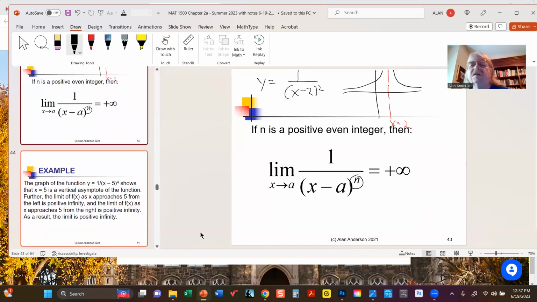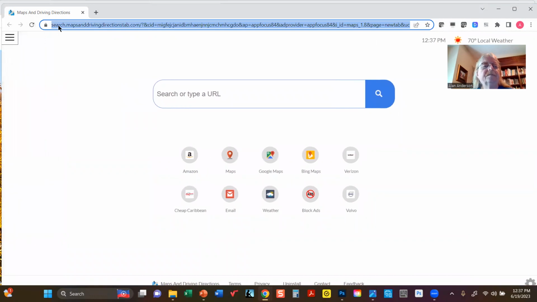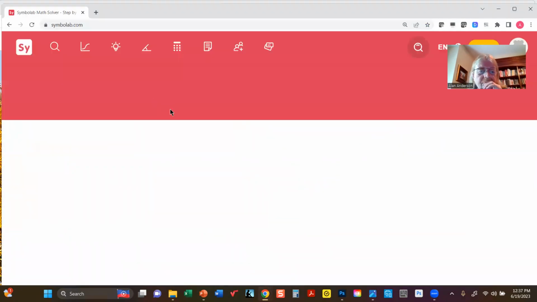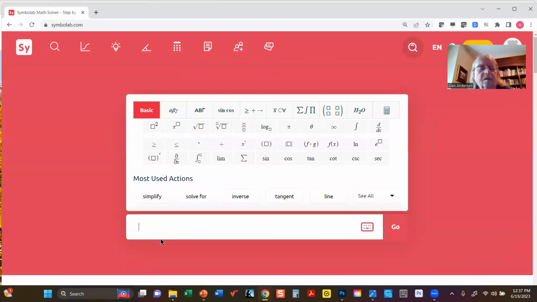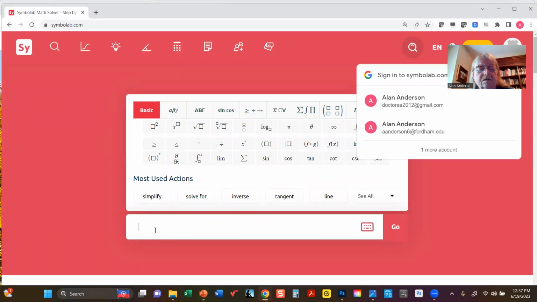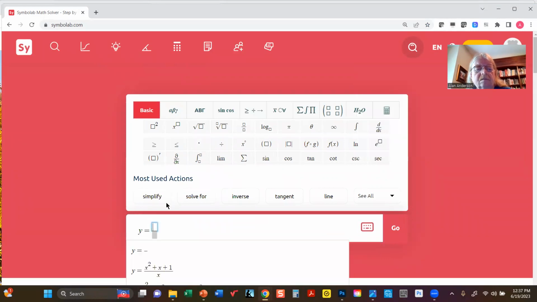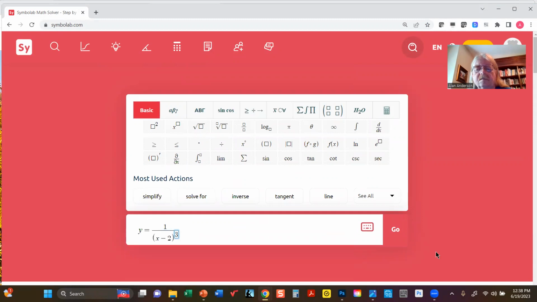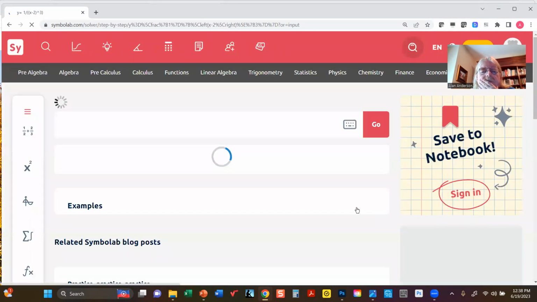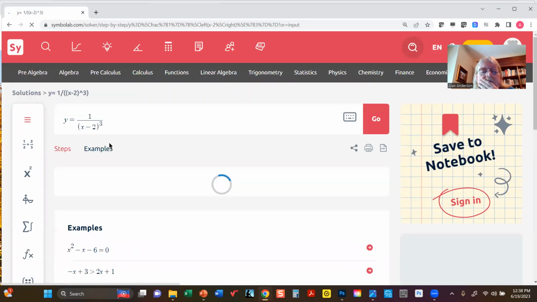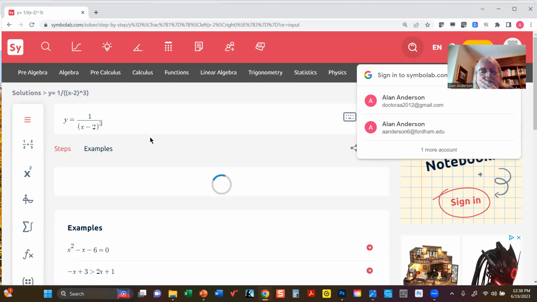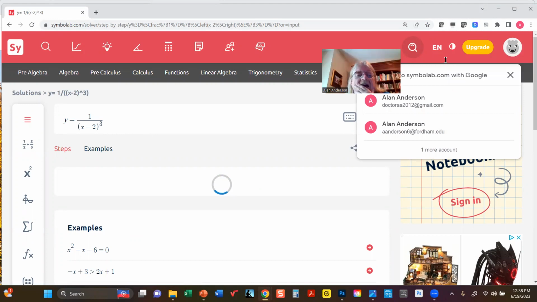Let's just try as an example. Let's go to SymbolLab and see what it would look like with an exponent of 3. So it's 1 over, okay. Here we go.